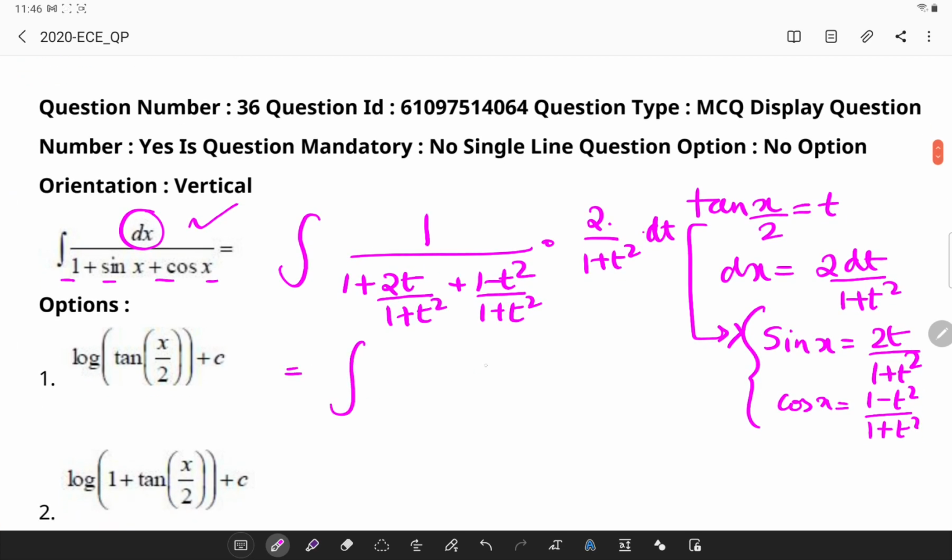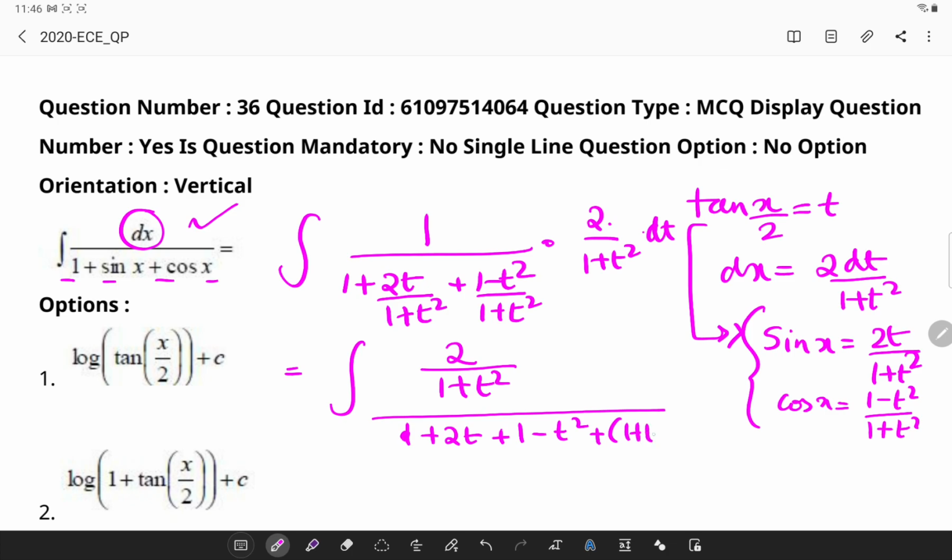Now this will be 2 by 1 plus t square divided by 1 plus 2t plus 1 minus t square, plus 1 plus t square, divided by 1 plus t square.